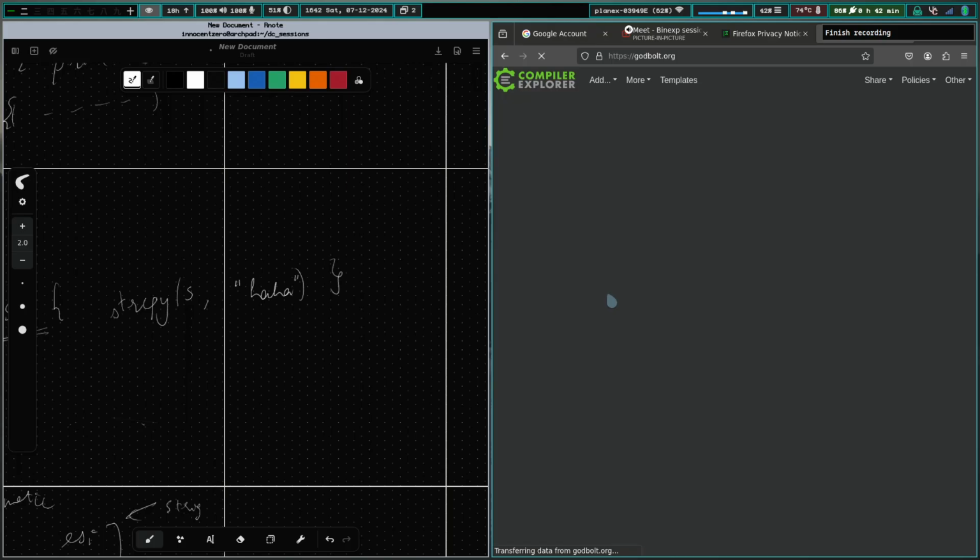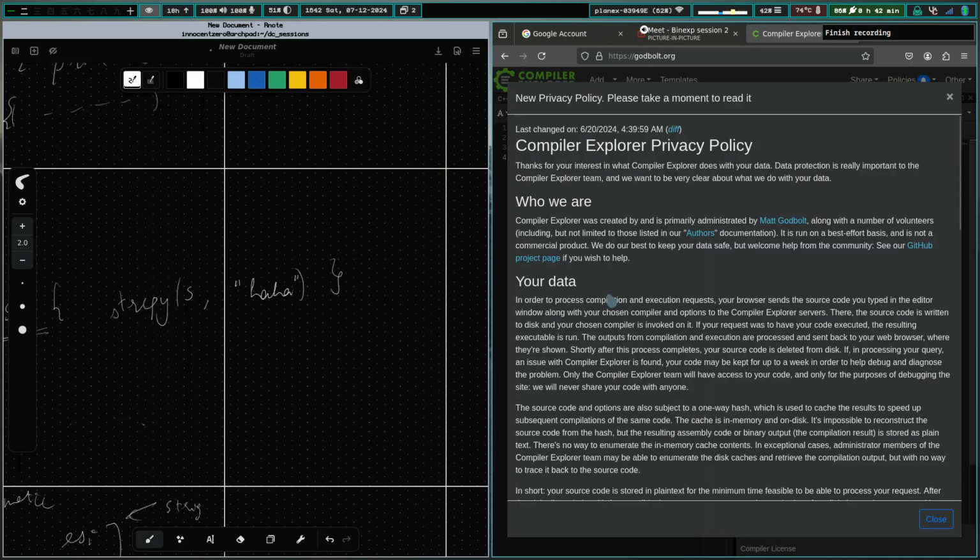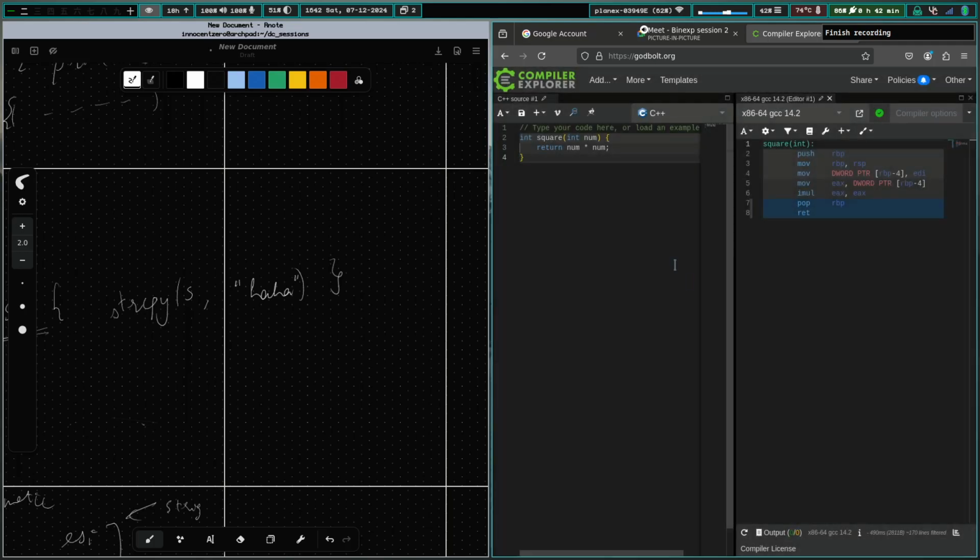Yeah, that means nothing, because what is source and what is destination? In move EBP, ESP, ESP is the source and EBP is the destination. So move RBP to RSP.